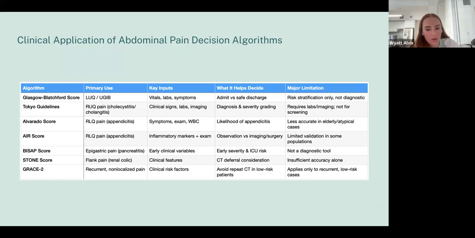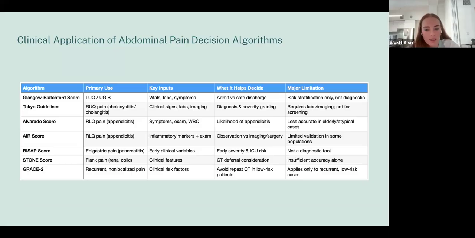For right lower quadrant, we talked about the Alvarado and the AIR scores, and they estimate the likelihood of someone having acute appendicitis, and then help us decide between observation, imaging, or surgical consult, particularly in those classic presentations. That is one of the limitations: it's not great for atypical presentations of appendicitis, which obviously occur.